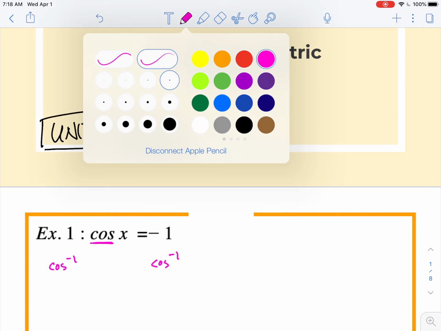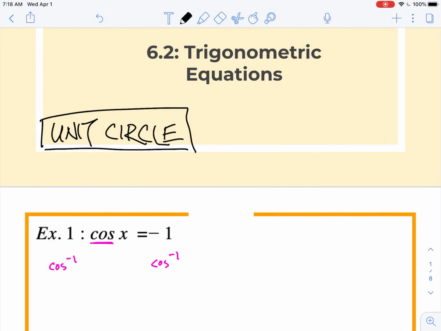And whatever we do to one side, we're going to have to do to the other. So we're going to inverse cosine both sides. This will give us inverse cosine of cosine x equals inverse cosine of -1.